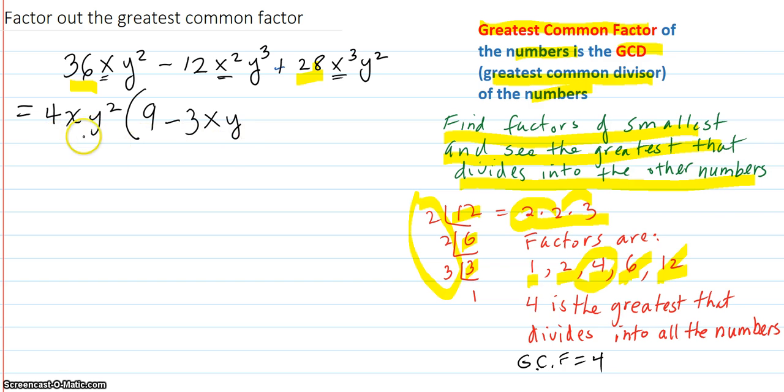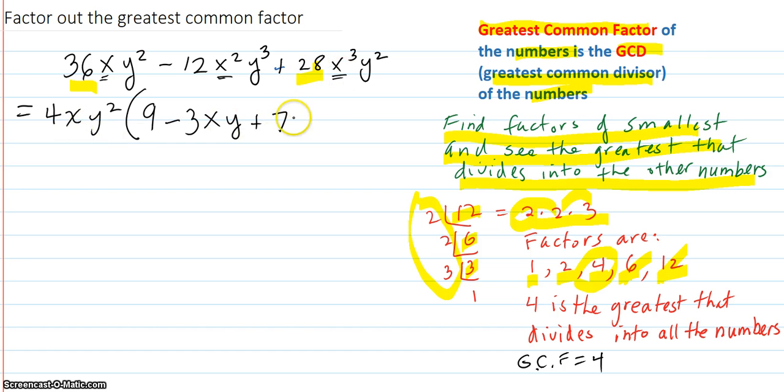And you can always check it. Does what you have so far work? 4xy squared times 9 is 36xy squared, check. 4xy squared times negative 3xy is negative 12x squared y to the third, check. Okay, and then the last one you have here, 4 times what is 28? 7.